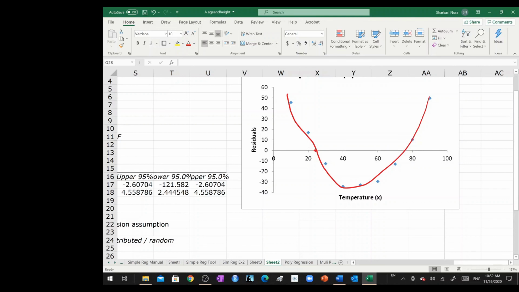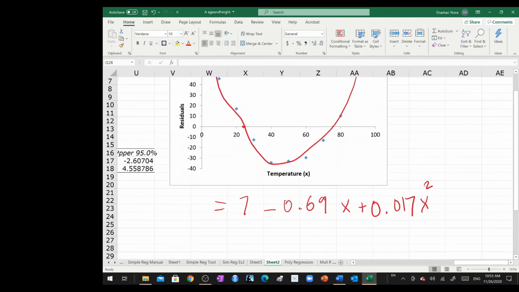Let me just put something hypothetical. Let's say that this is something like 7, for example, minus 0.69x plus 0.017 x squared. Let's say that it looks like that.